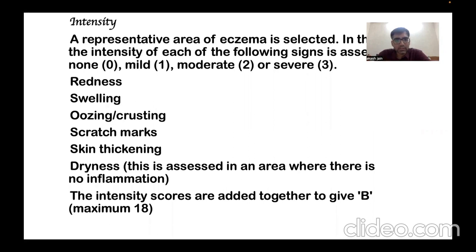Such features are included as the intensity of redness, swelling, oozing or crusting, scratch marks, skin thickening, and dryness, which is assessed in an area where there is no inflammation. The intensity scores are added up, giving together the B value, and the maximum is 18.